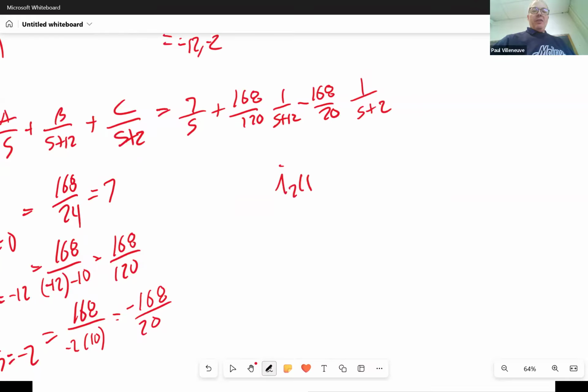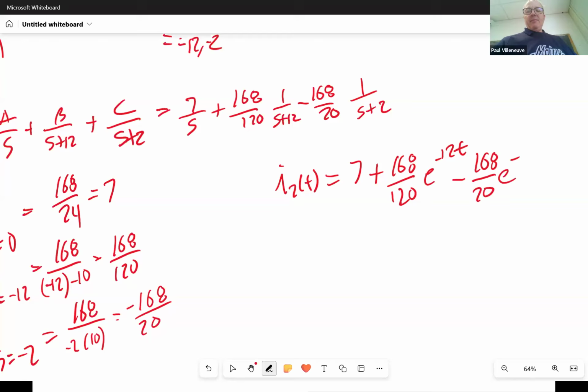So I2 of t is 7 plus 168 over 120 e to the minus 12t minus 168 over 20 e to the minus 2t.